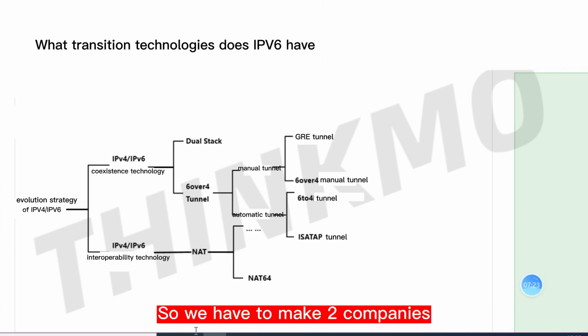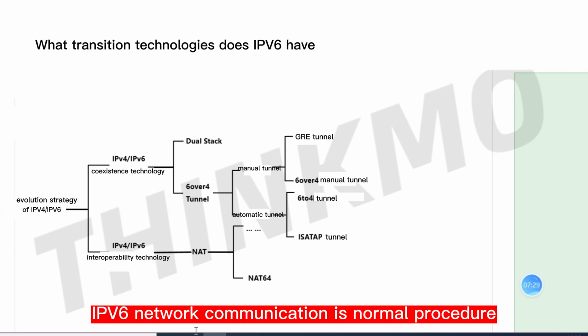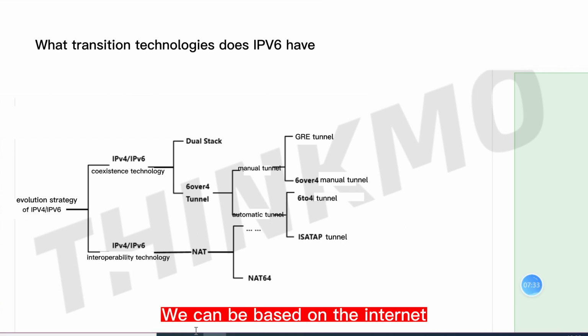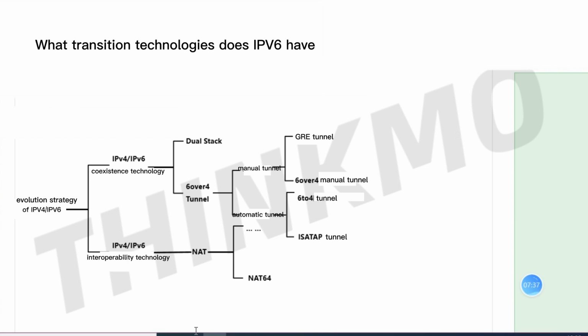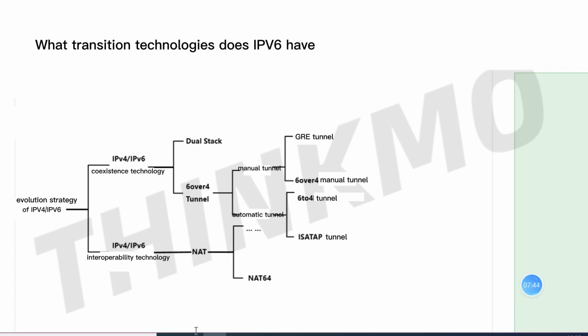So we have to make the IPv6 networks of Company A and Company B communicate normally. We can use the Internet, which uses IPv4 as a tunnel. Company A is IPv6, so I send IPv6 packets encapsulated in IPv4.